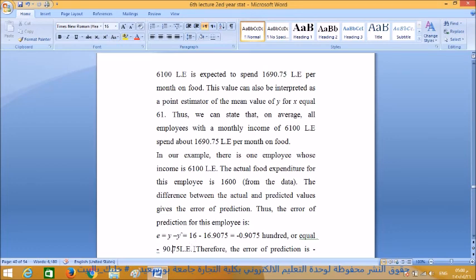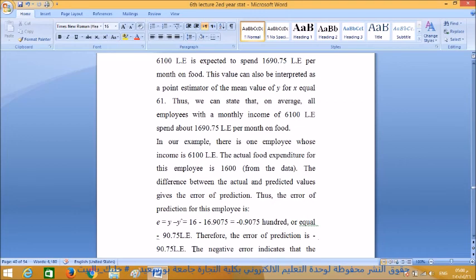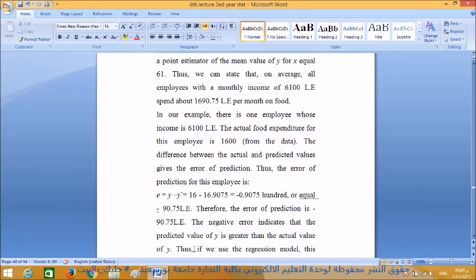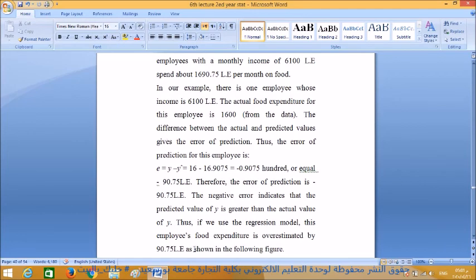Therefore, the error of prediction is minus 90.7. The negative error indicates that the predicted value of y is greater than the actual value, so the point is under the line. Thus, if we use the regression model, the employee's food expenditure is overestimated by 90.7, as shown in the following figure.